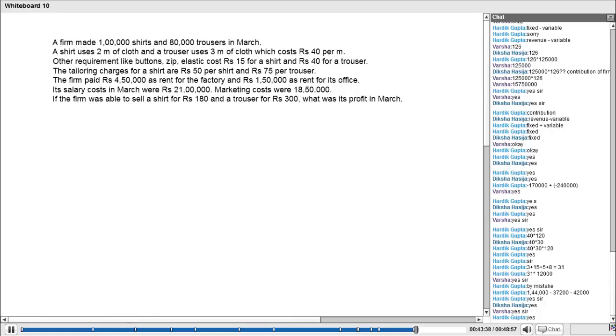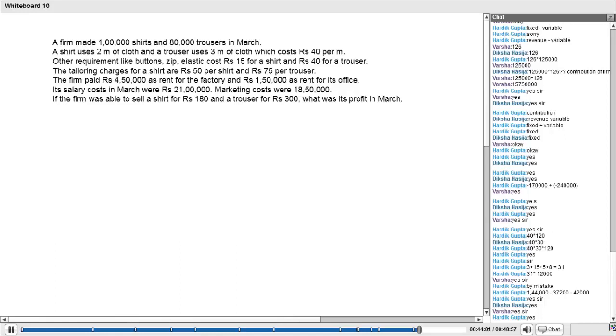The firm paid rupees 4,50,000 as rent for the factory and rupees 1,50,000 as rent for its office. Its salary costs in March were rupees 21 lakhs, marketing costs were rupees 18,50,000. If the firm was able to sell a shirt for rupees 180 and a trouser for rupees 300, what was its profit in March?